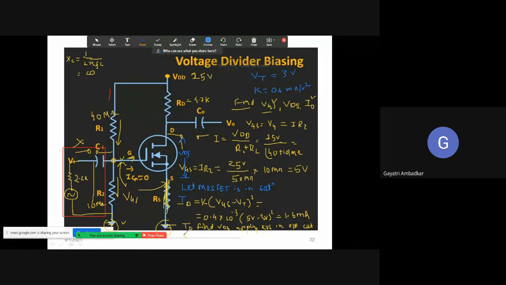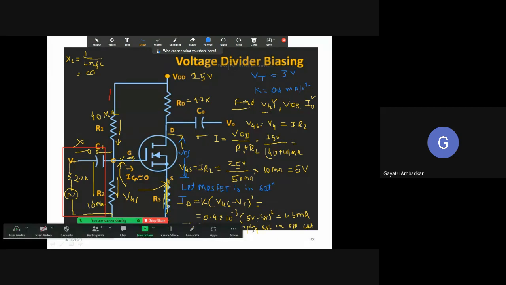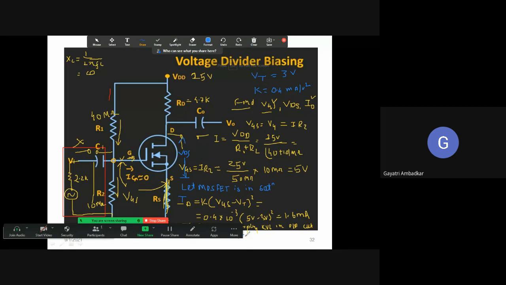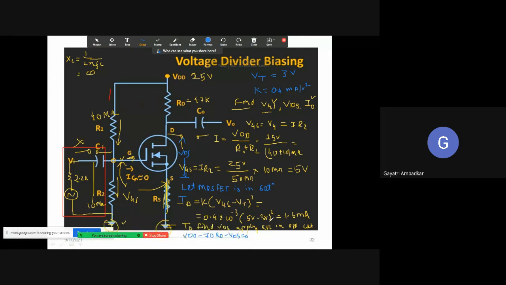So you get VDD minus IDRD minus VDS equal to 0. Can you see? You can zoom your screen.